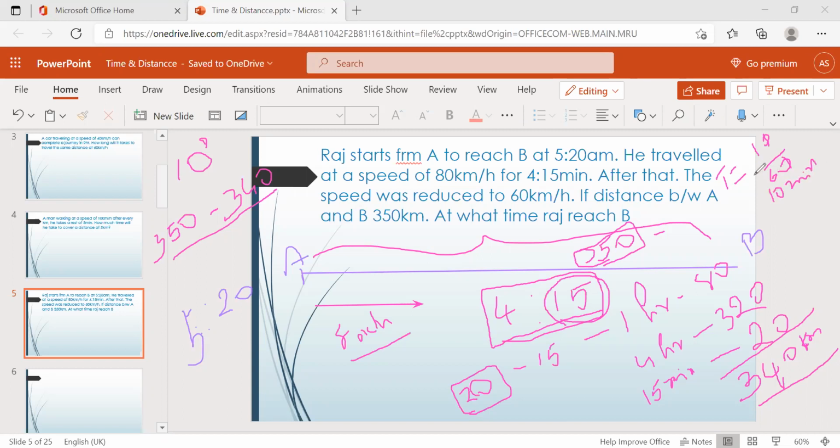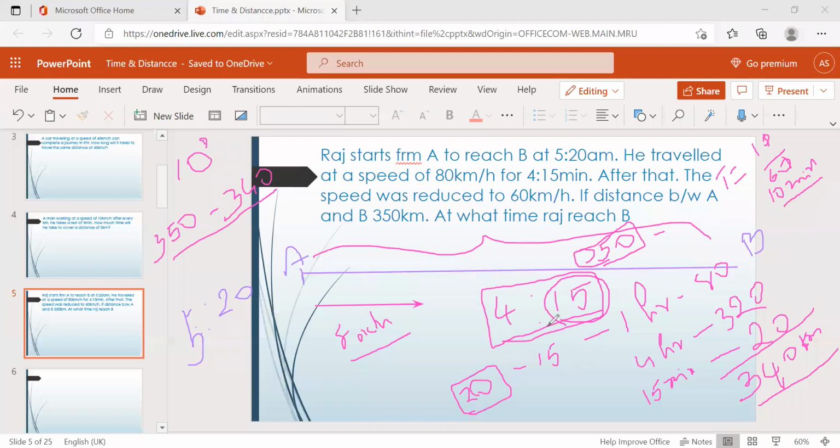Actually, we can do it very simply, no need for the formula. 10 kilometers at 60 kilometers per hour means every minute is 1 kilometer, so 10 kilometers takes 10 minutes.